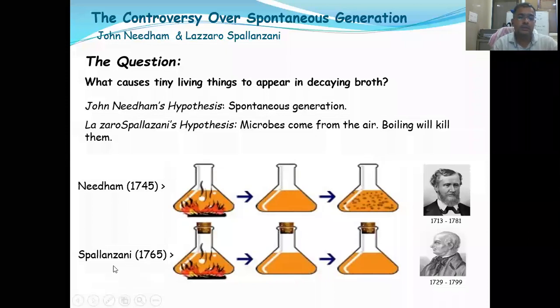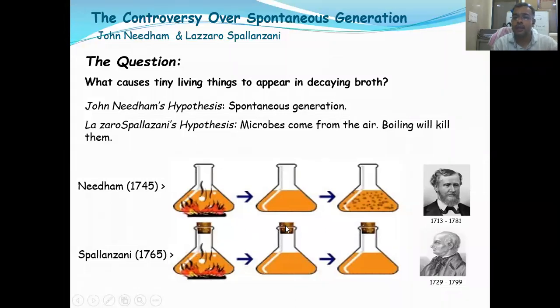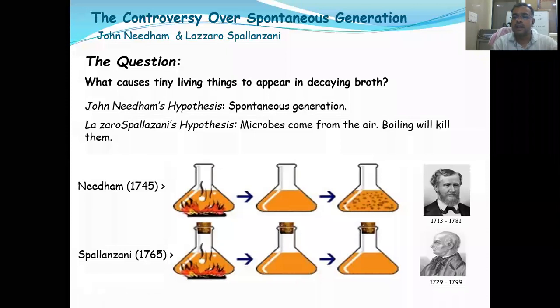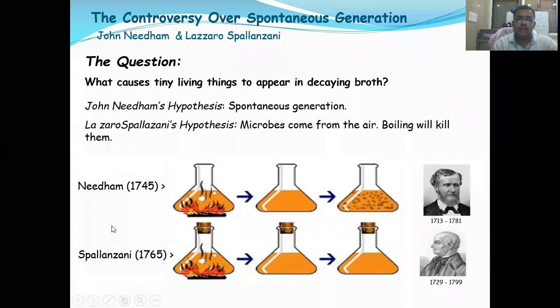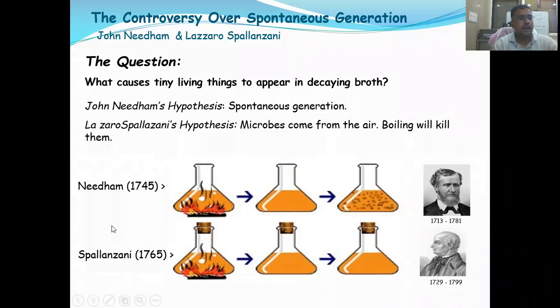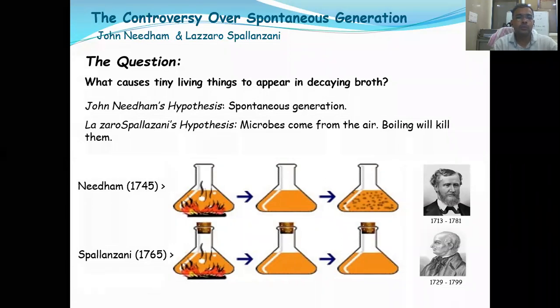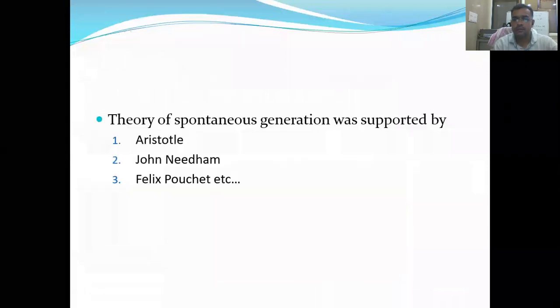In contrast, Spallanzani put a cork in the flask and sealed it, and he proved that material entering from outside along with air was responsible for the spoilage and growth. So both scientists did a similar experiment except for one difference, and that difference is sufficient to prove whether it is spontaneous generation or not.